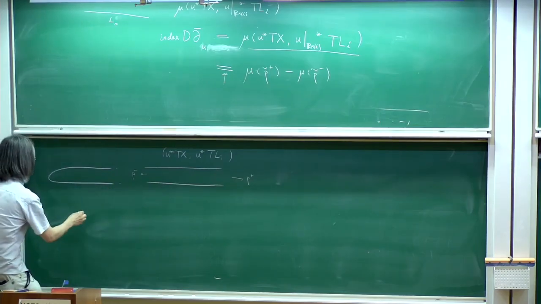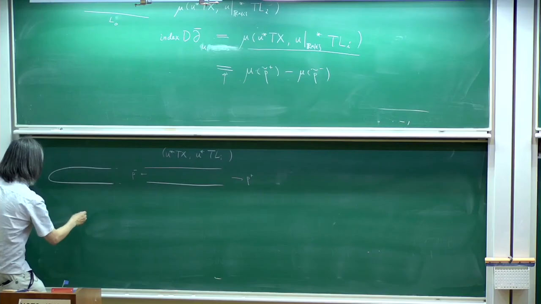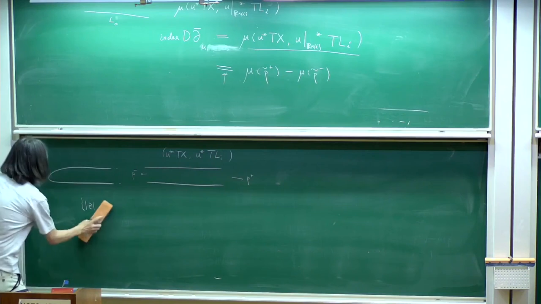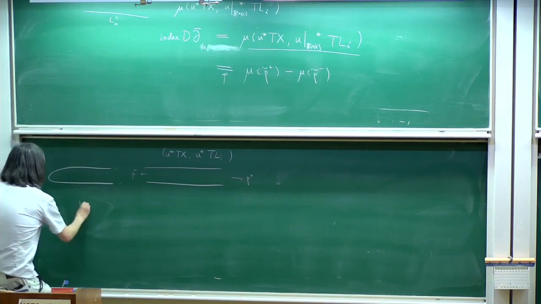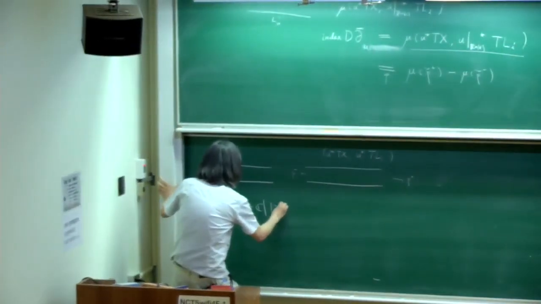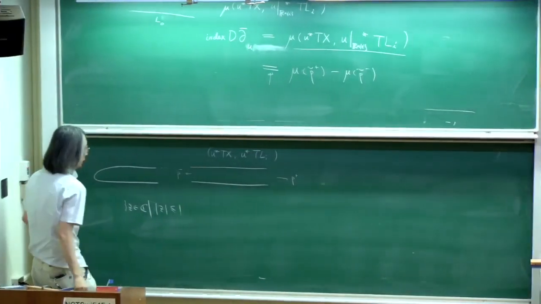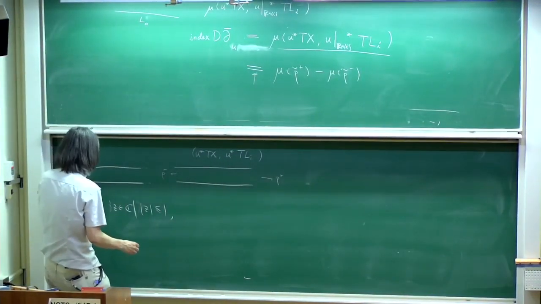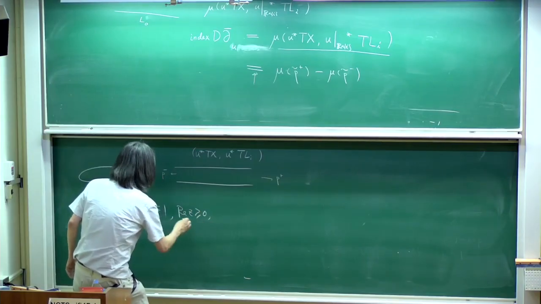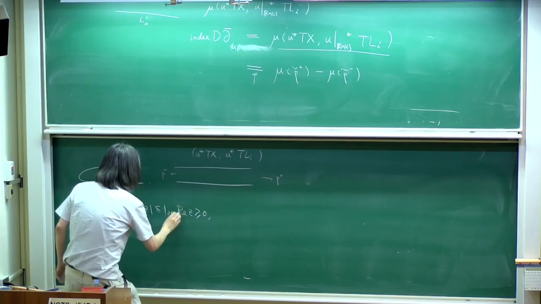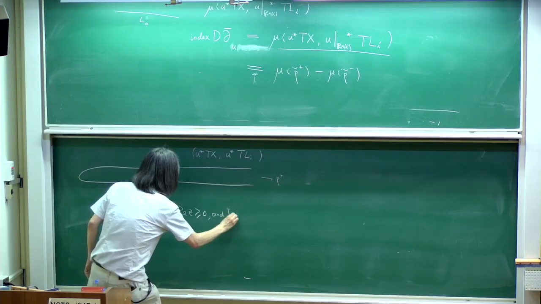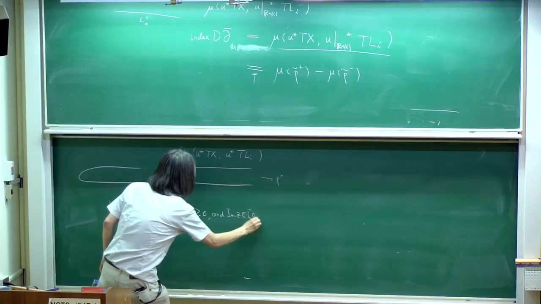I don't know if it is good to write it, but anyway, maybe I can just write Z in the complex plane, and either this one is bounded by 1, or the real part of Z is non-negative, and the imaginary part of Z is in 0, 1.